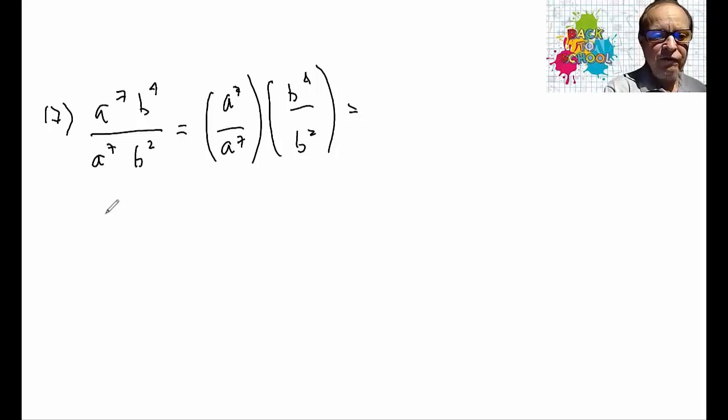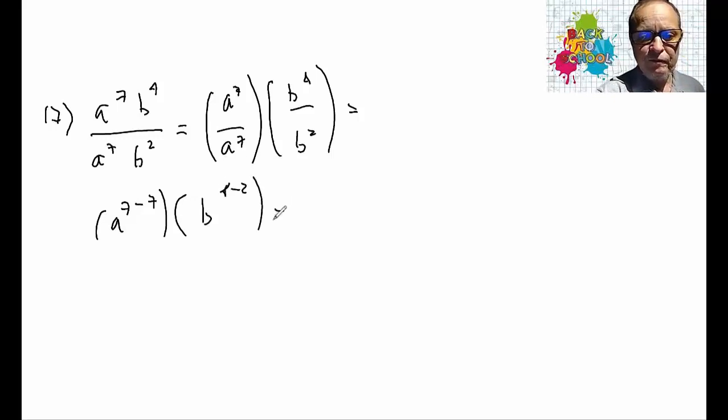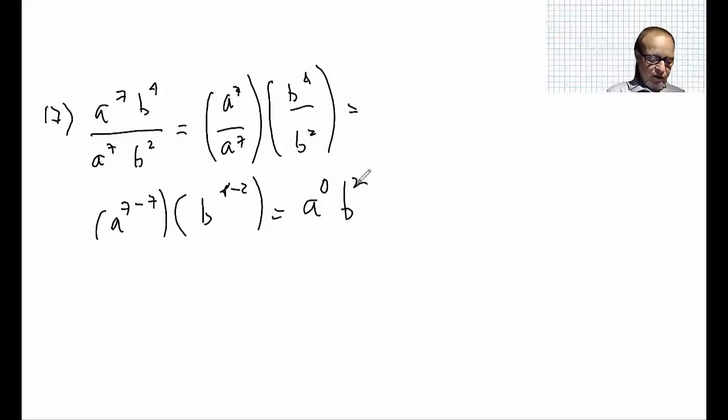So I have, for the first one, a to the 7 minus 7. And then for my b's, I have b to the 4th minus 2. Now it turns out a to the 7 minus 7 is a to the 0. And b to the 4 minus 2 is b squared.